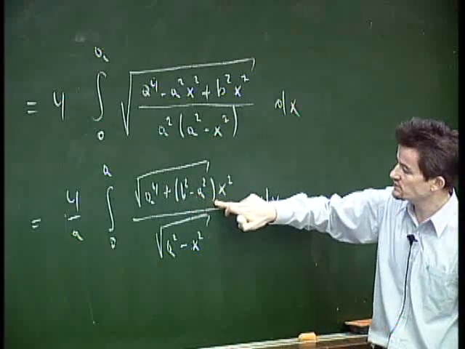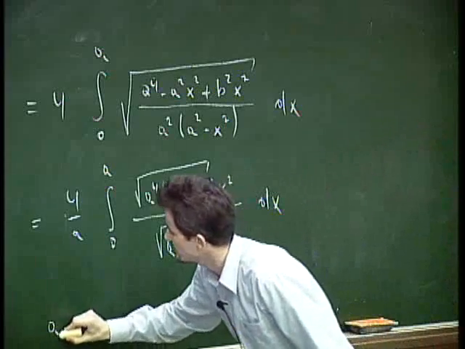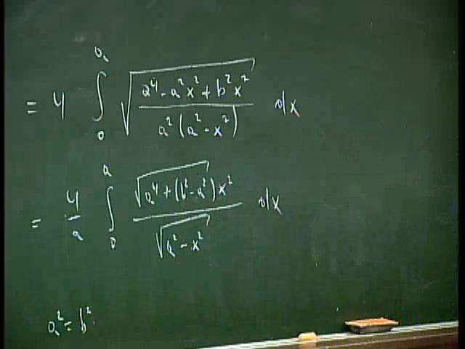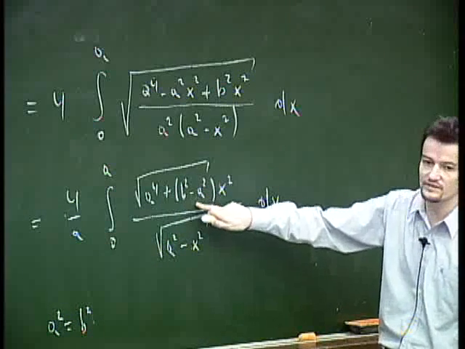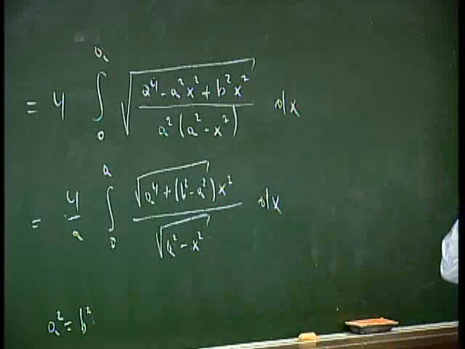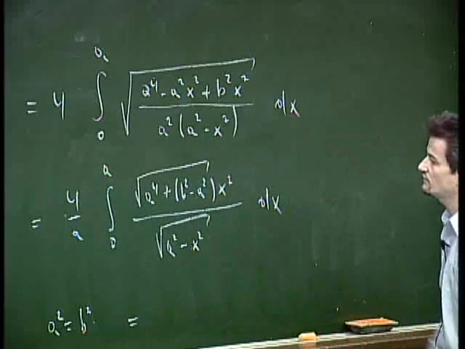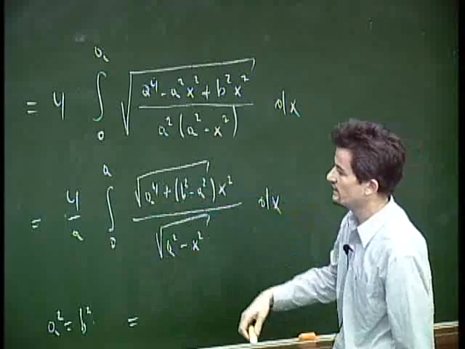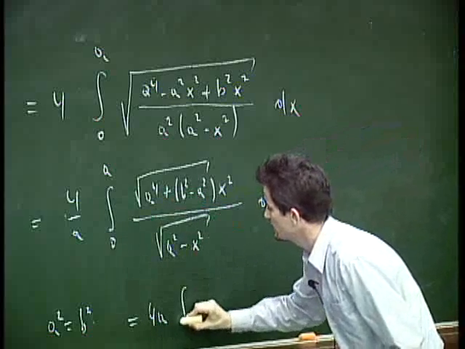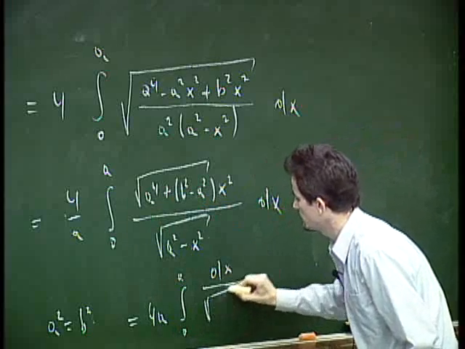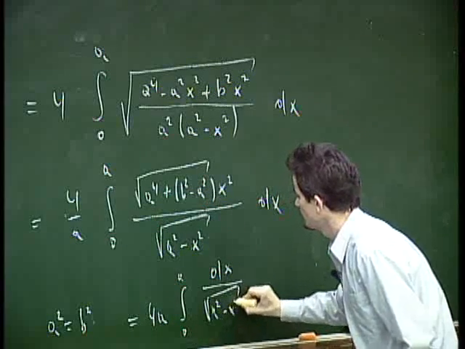Because if this coefficient is equal to 0, so a squared is equal to b squared, this case is easier, because the numerator can be greatly simplified. You have here only a squared, you take it out, so you have 4a times the integral from 0 to a of dx over the square root of a squared minus x squared.